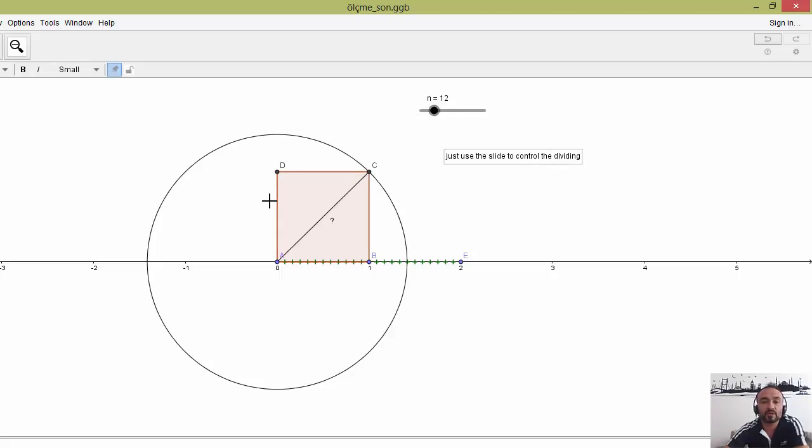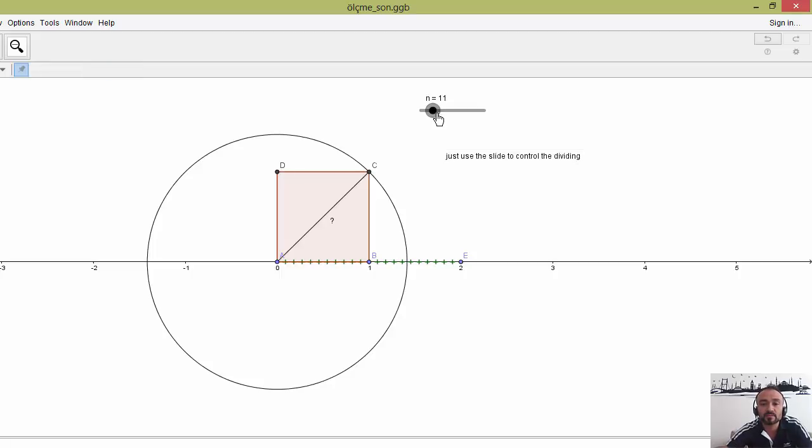I created a square here whose one side is 1 unit, and by using a compass, I carried the length of the diagonal onto the number line, and I am trying to measure it by using this slider. This is a more fluent version of the previous application.